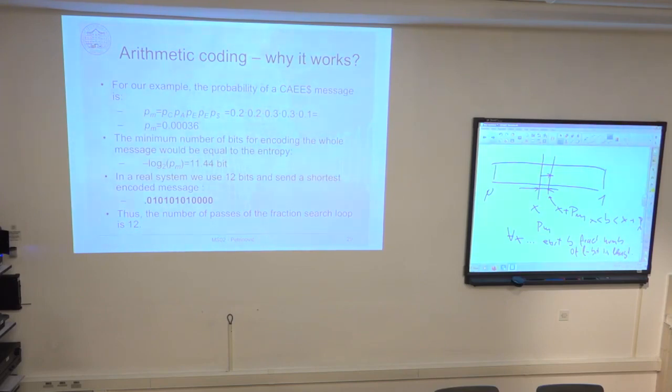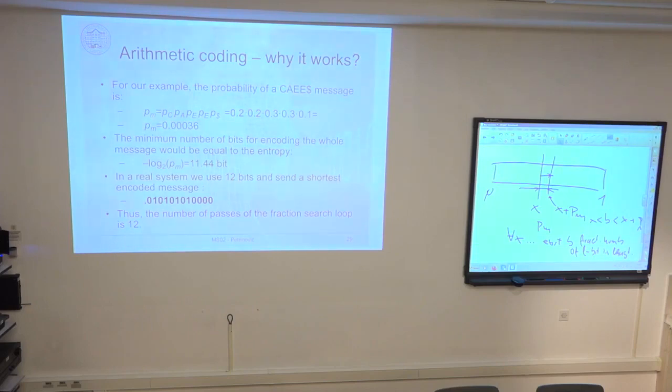Just due to taking the first greater integer. Ideally, if I had L, the number of bits, as a real number, then there is always only one. But if I take the first larger integer, sometimes I will have two potential fractional numbers falling into this interval, because this interval is slightly larger than the one defined by the 12 bits. So the 12 bits is a stronger bound, and for that reason the actual interval is always slightly wider than the probability of the 12-bit number.